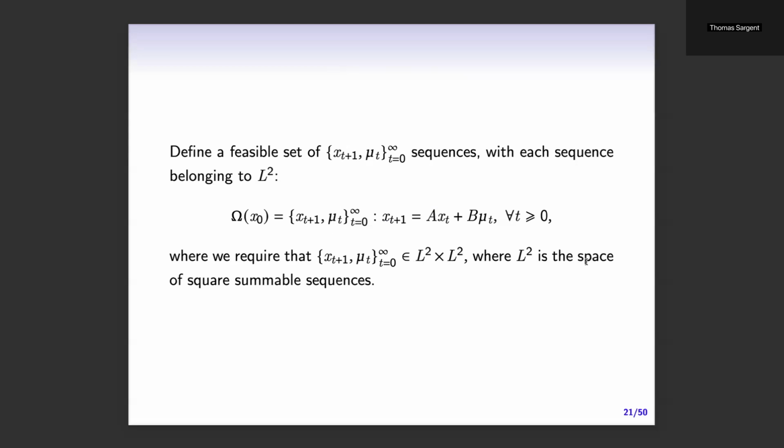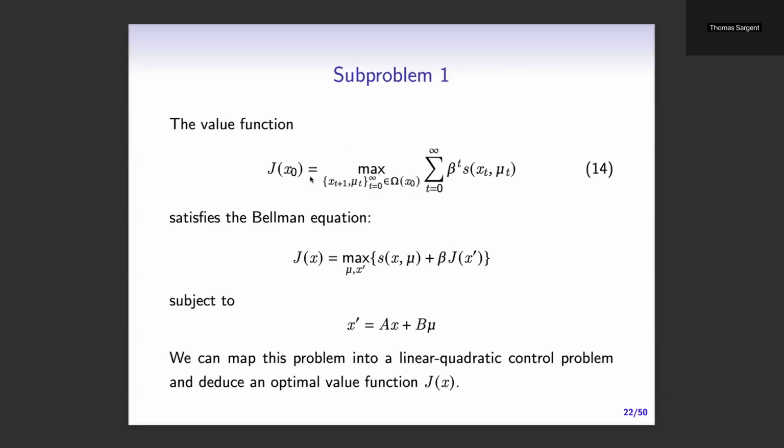All the sequences are going to have to be square summable: you square x t plus 1, and you add up over all t's. We require that to be finite. Okay, we define that set, and now we have this.